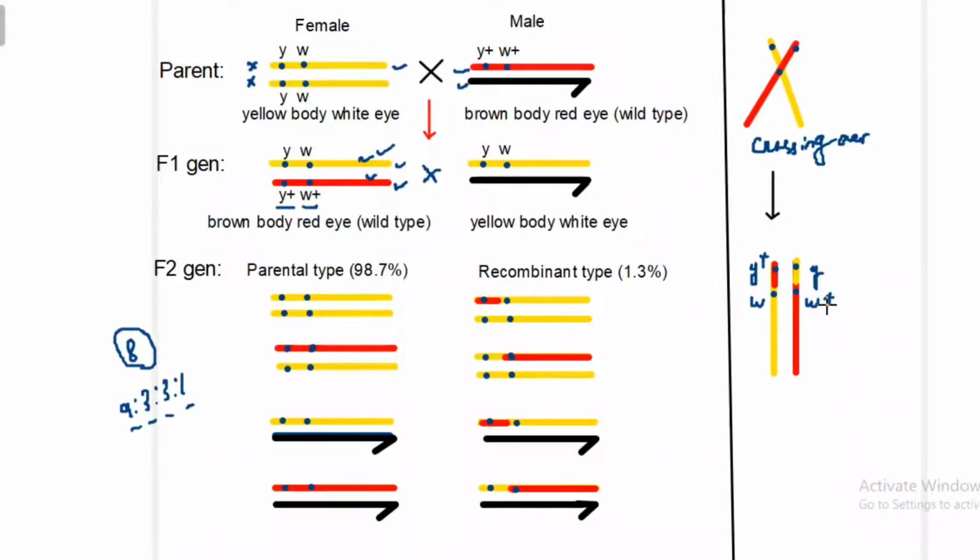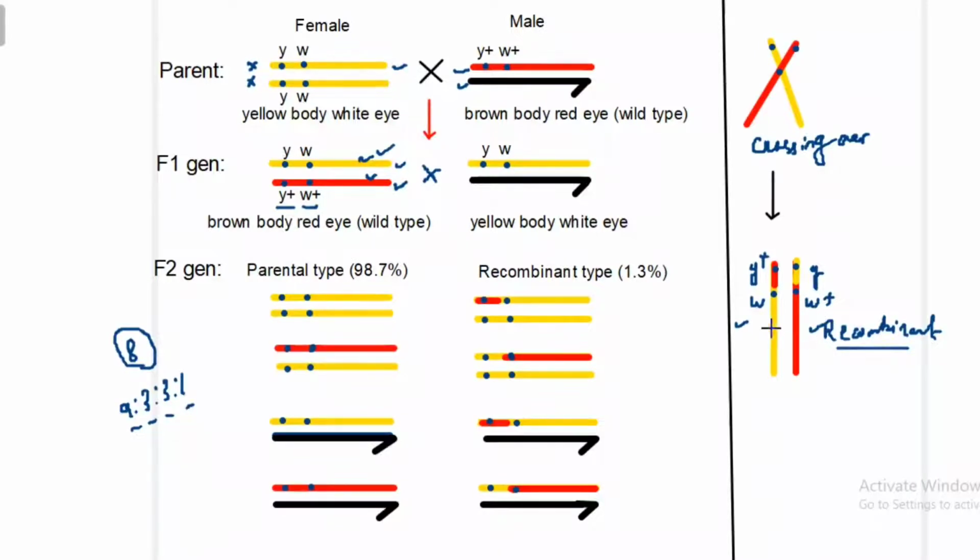And why we are saying this as recombinant? Because this type of combination was not there in case of parent. Okay, here in case of parents we are having YW combination, Y plus W plus combination. Here YW combination, but here we are having Y plus W combination and YW plus combination.